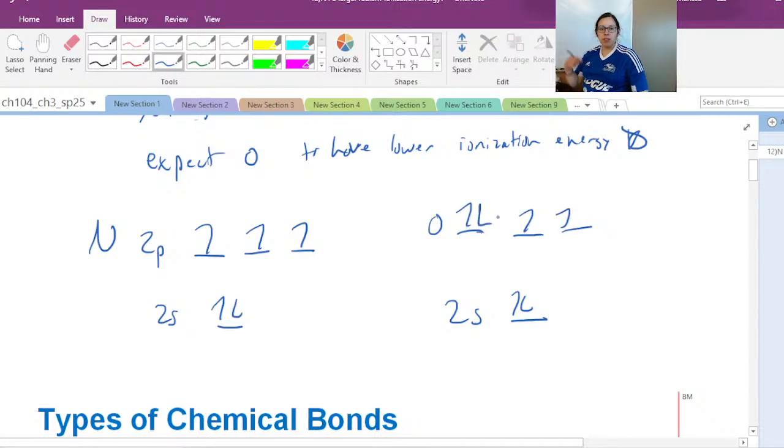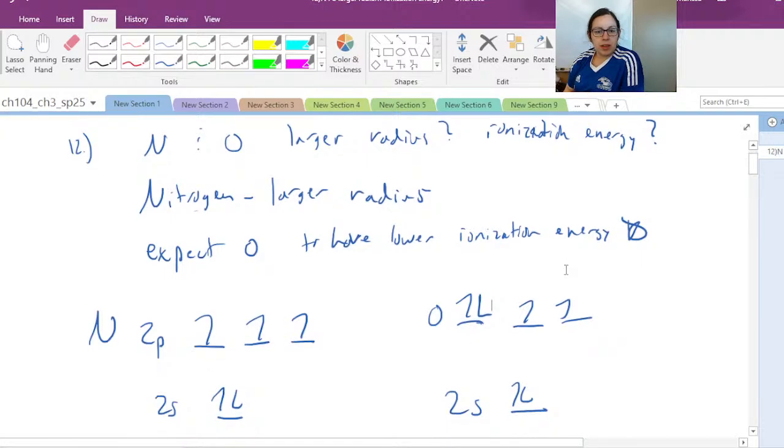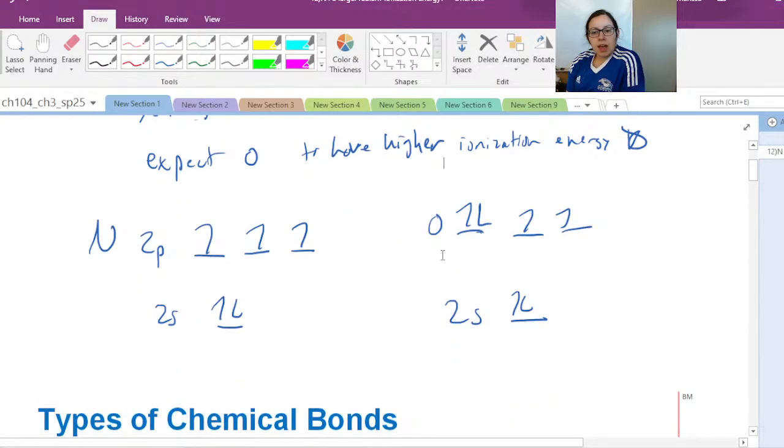Again, let's think about ionization energy, what we're saying. What is more favorable? Oh, I think I did this. We expect oxygen to have the higher ionization energy, sorry. So, again, think about what is happening.